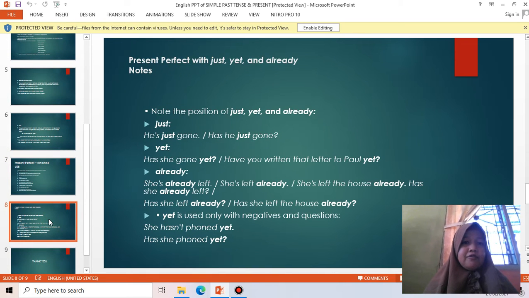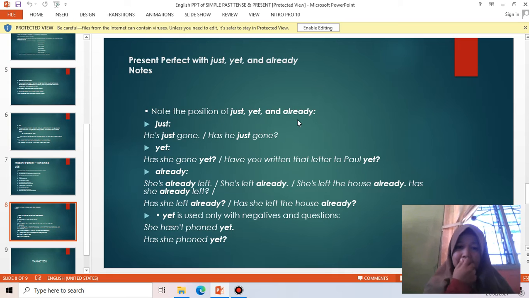And sometimes present perfect is completed with the words just, yet, and already. We often find that present perfect uses the words just, yet, and already in sentences. Now, please pay attention to the note about the positions of just, yet, and already. It will help you get it right when you put these words in a sentence.